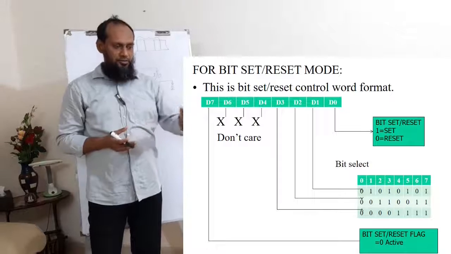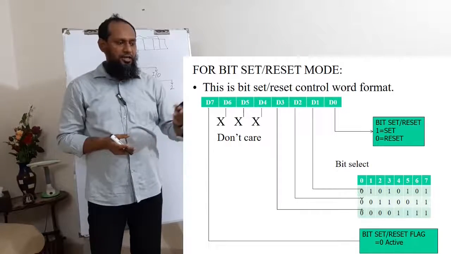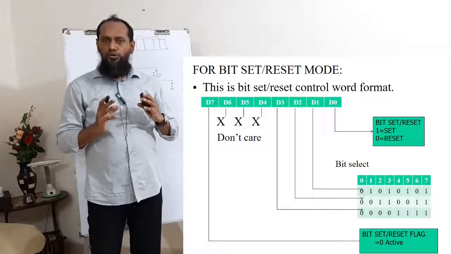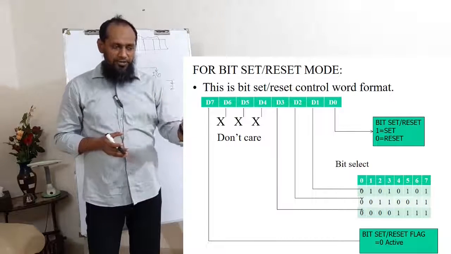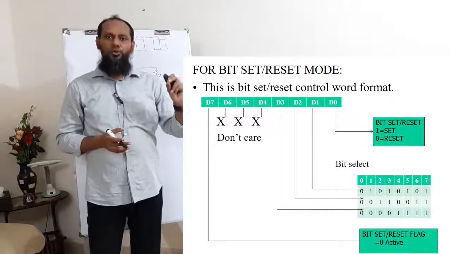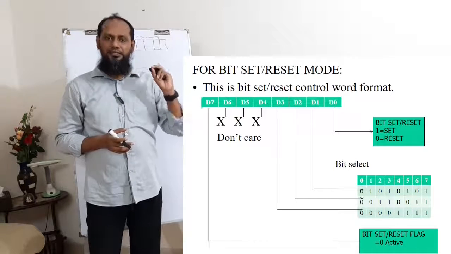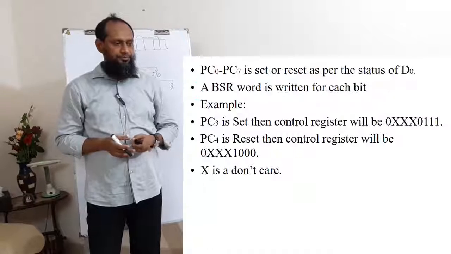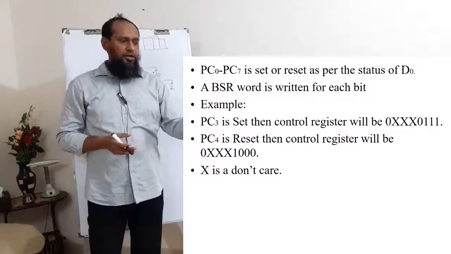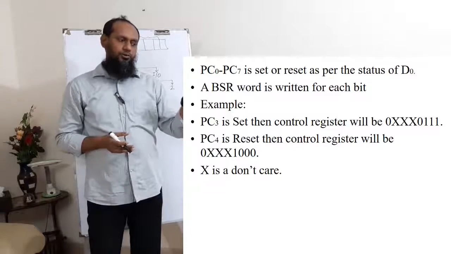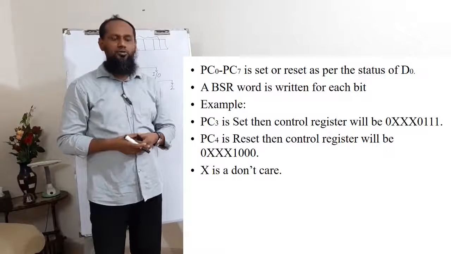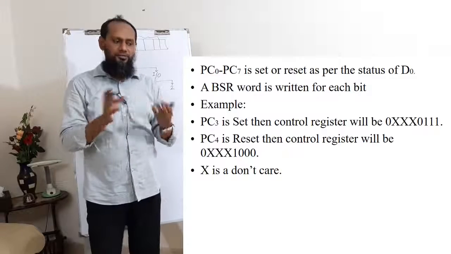We also have seen in the last class that port A and port B are not going to work here. Only one pin of port C will be either set or reset. Here are two examples. One is if we want to set PC3, then that should be our control word.